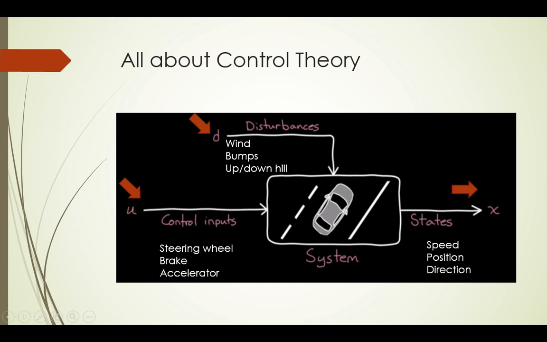And there are unintentional inputs to the system due to wind, bumps on the road, and uphill or downhill due to gravity. These are known as the disturbances to the system. After that, we have the output of this system, which can be speed, position, or direction. So this is the main idea about the system.